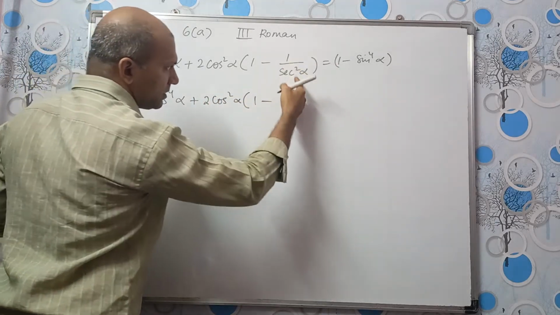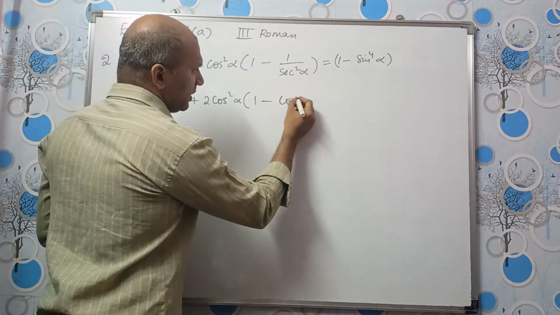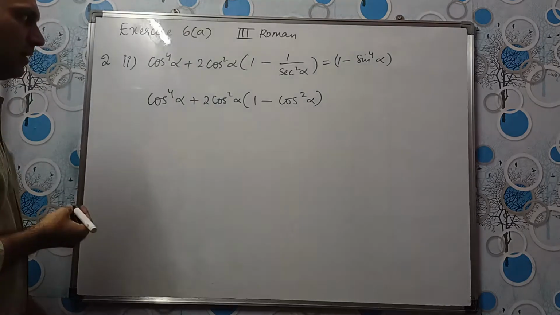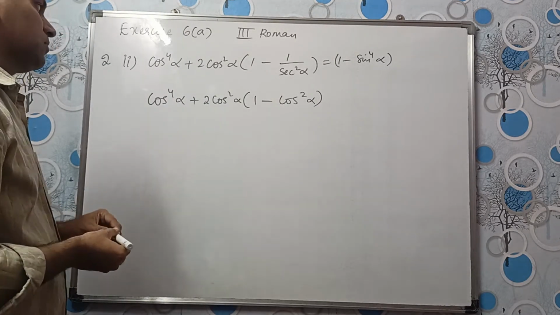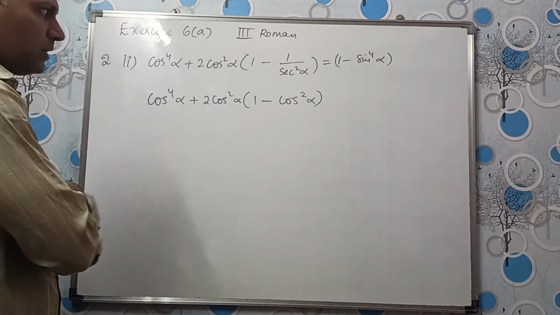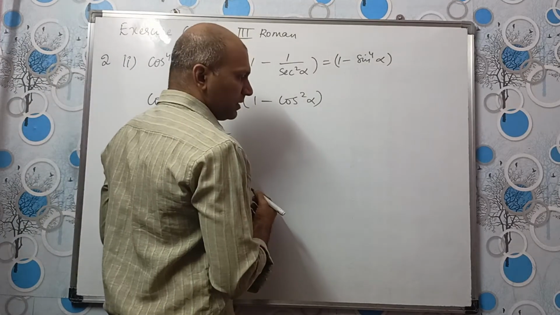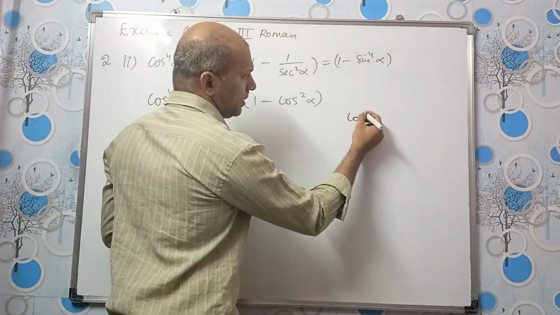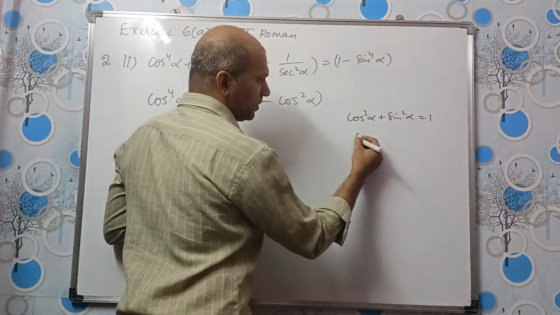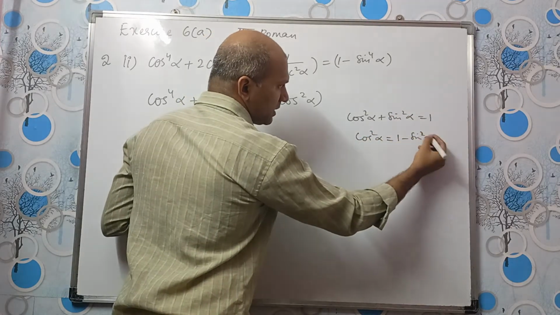1 minus, see, 1 by secant is cos, right? So can we write this as cos square alpha? Yes, we can write that as cos square alpha. Now, see, what is cos square alpha? What is cos square alpha? See, we have an identity, cos square alpha plus sin square alpha is equal to 1. So cos square alpha will be 1 minus sin square alpha, right?